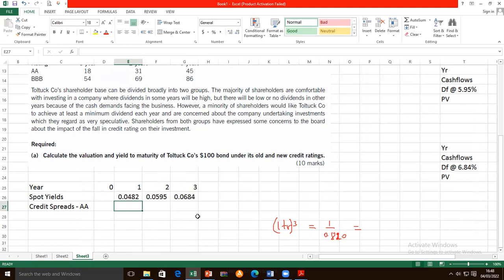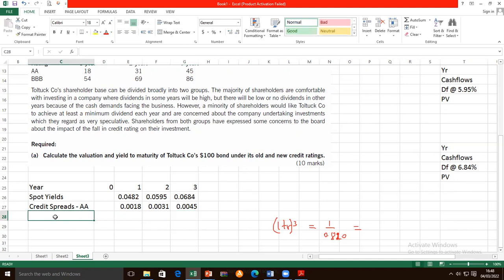The spreads for AA are 0.0018, 0.0031, 0.0045. These are the spreads.